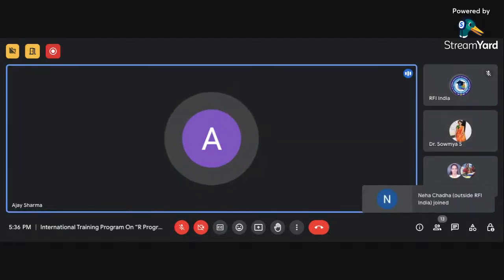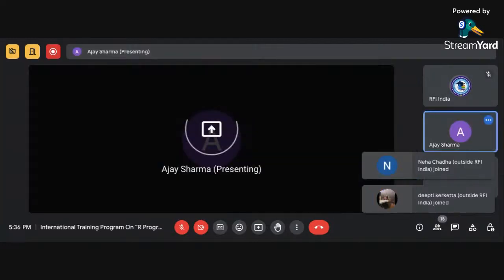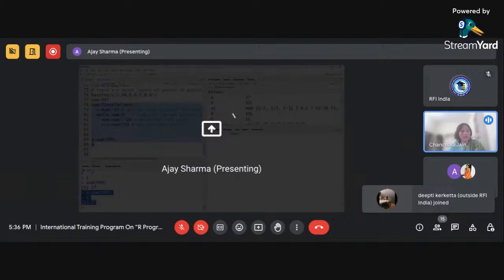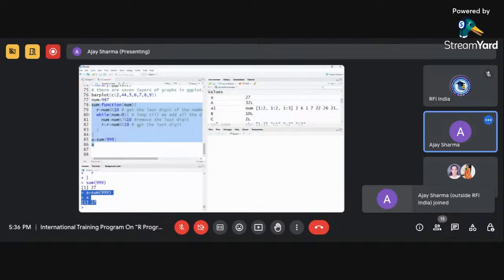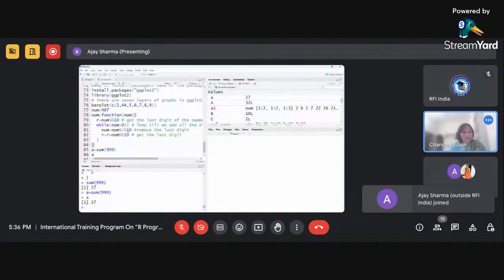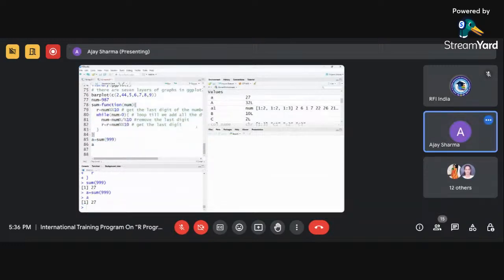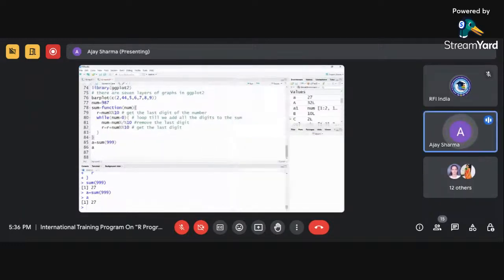I'll share the. Okay. Is it visible now? I think we can see now, but yeah, now we can see. The text size is okay. Yeah. Okay. Here's the function, ma'am. I'll just open it a bit. Okay. Better now? Yeah, it's better now.